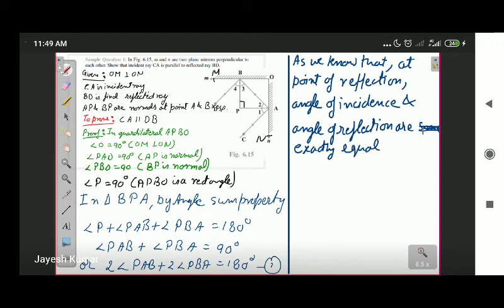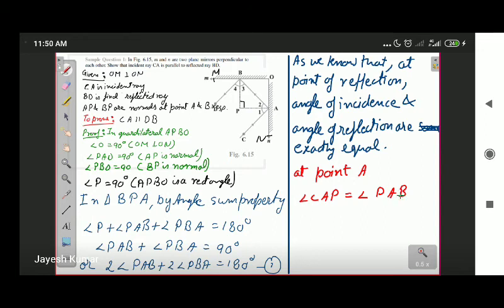That means at point A, angle 1, that is angle CAP, is equal to angle PAB.